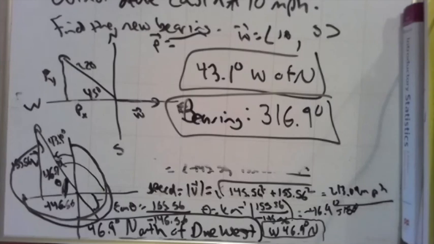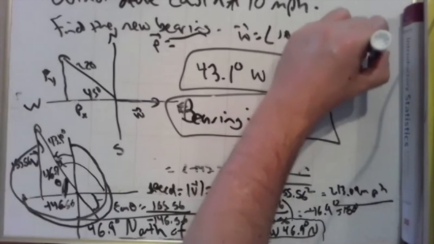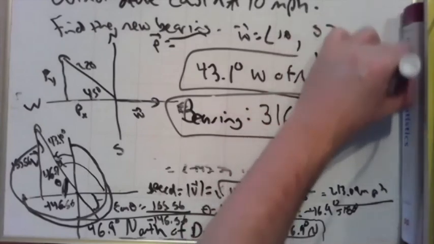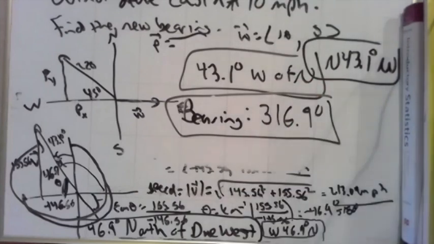Now, on the written assignments, I don't care which one you give, any of these. This one, by the way, could have also been written north 43.1 degrees west. That's west of north. You could write it out in words.